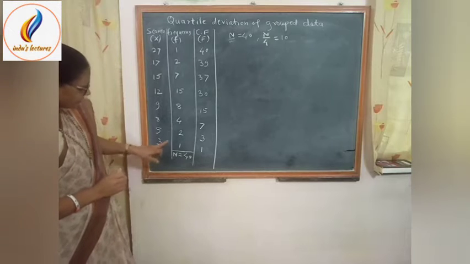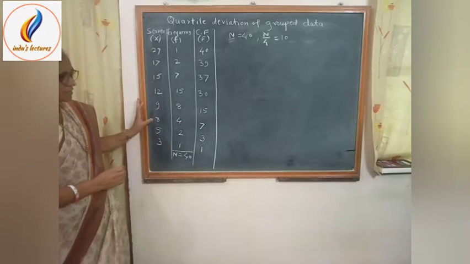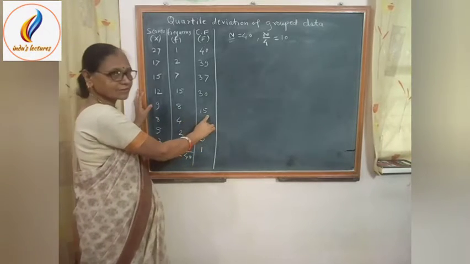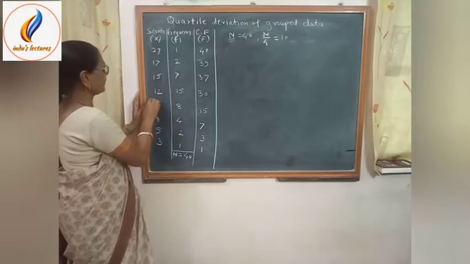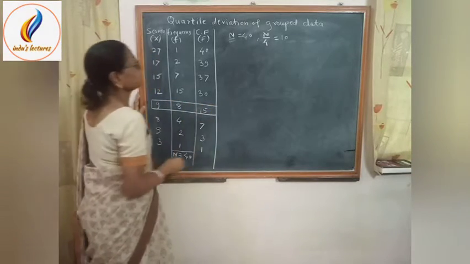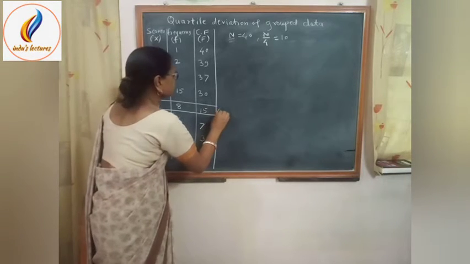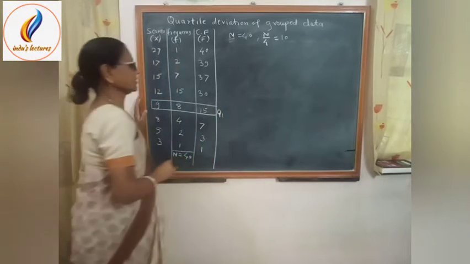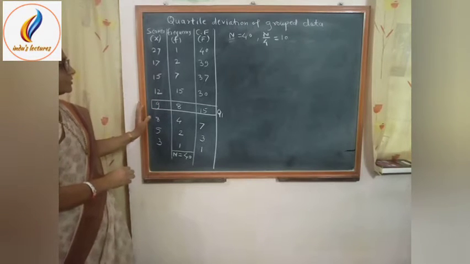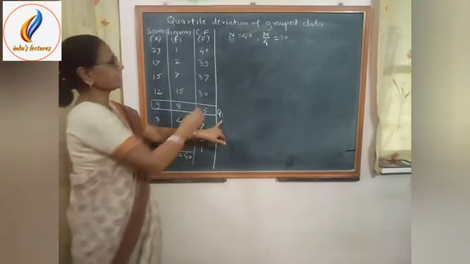If we consider the cumulative frequency, then the score 8 has cumulative frequency 7 and 9 has cumulative frequency 15. That means the score 9 is the first quartile score. That means Q1 is around 9.